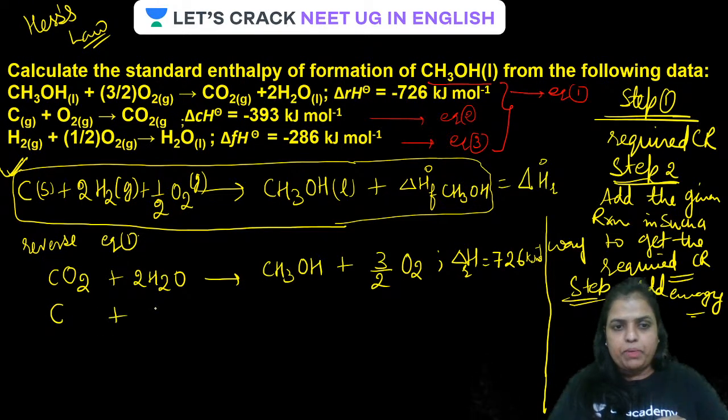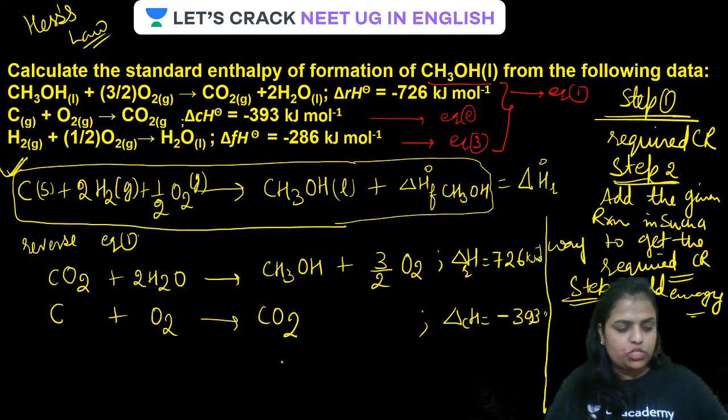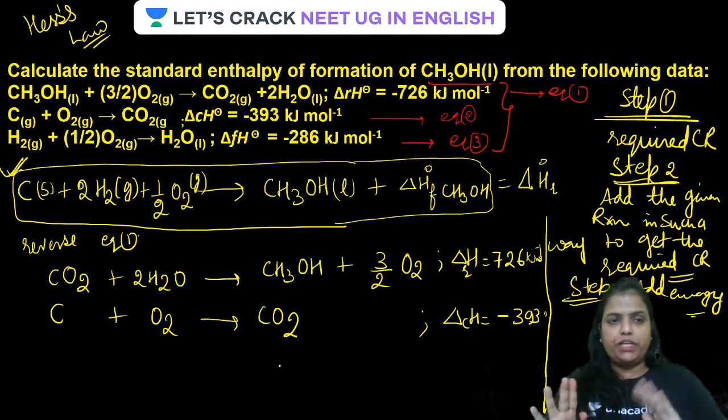So it will be C plus O2 giving CO2. This is the heat of combustion of carbon, and that is given as minus 393 kilojoule per mole. Units are very, very important to be looked after. Is that clear?